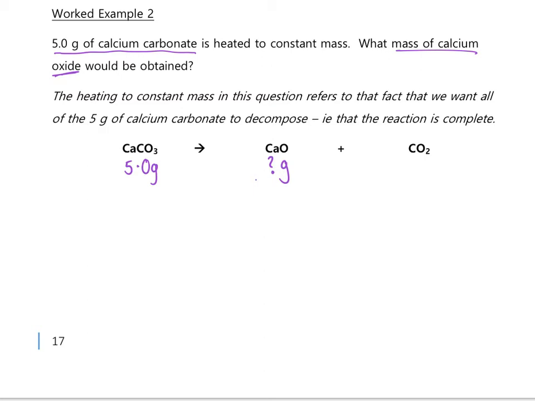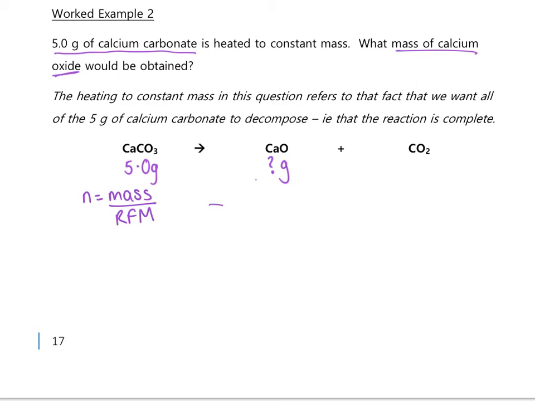Like any of these questions, I first of all need to convert my mass into number of moles. So I have calcium carbonate, want to convert it into number of moles, and I do that using my equation n equals mass over RFM.